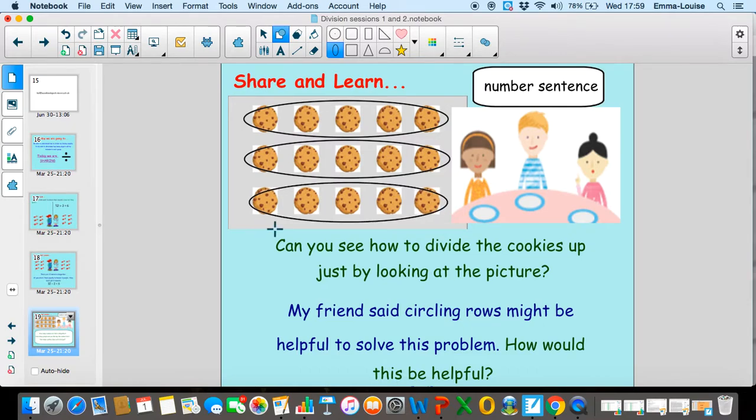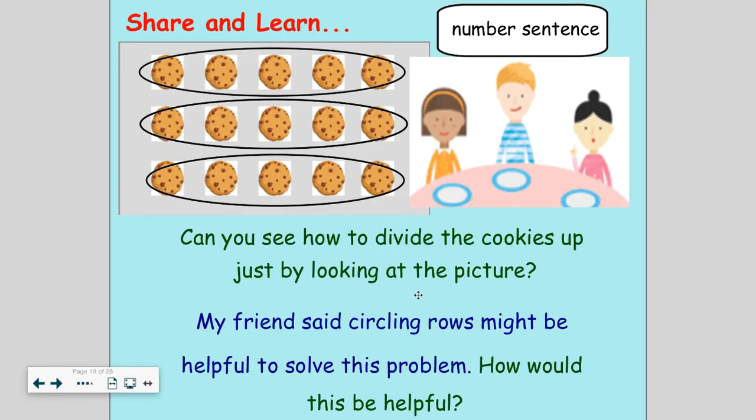Now we know in an array that each of the rows have an equal amount of things in them. There are 3 rows and there are 1, 2, 3 children. So each child really needs to receive 1 row of cookies. So straight away we can see really easily that if we share these 15 cookies between the children, they should each get 5 cookies on their plate.